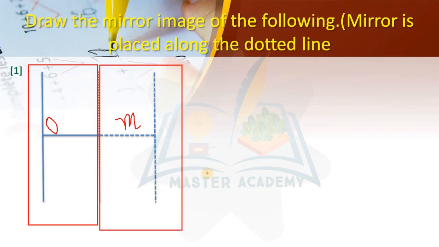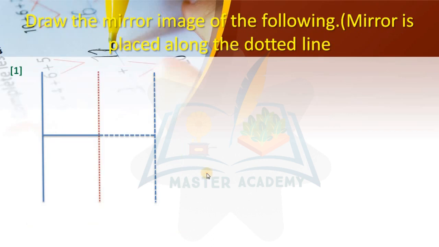Now I am taking another figure. Look at this side. What do we have to do first? We will draw this line to make a complete figure. Okay, and next this is clear, so it will make a complete figure.